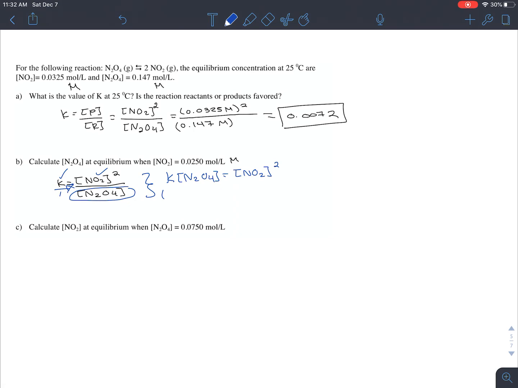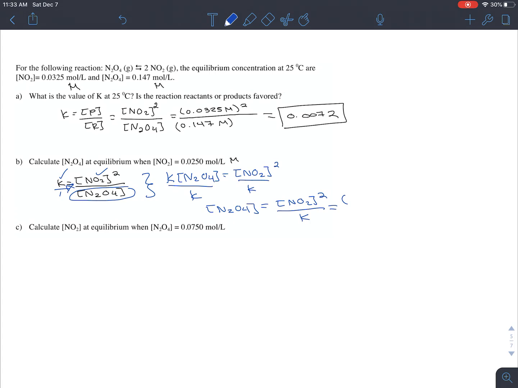I have K, which is... I'm not solving for that. I haven't figured it out yet. I'm solving for this, so now I have to divide by K. So I get that dinitrogen tetroxide is equal to nitrogen dioxide squared over K.